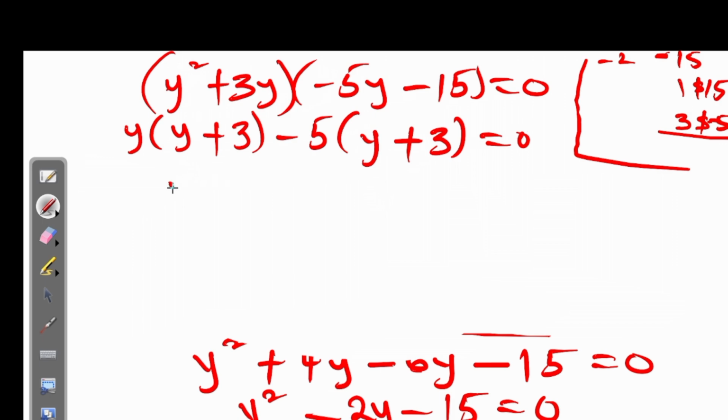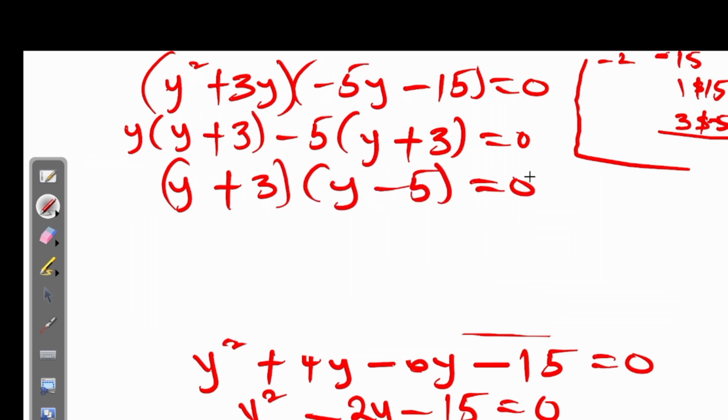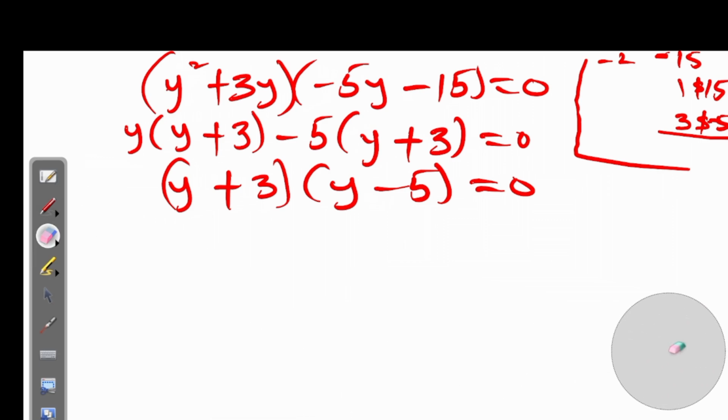So the factors y plus 3, y minus 5 is equal to what? 0. Do not forget, the y there is Adu's age.